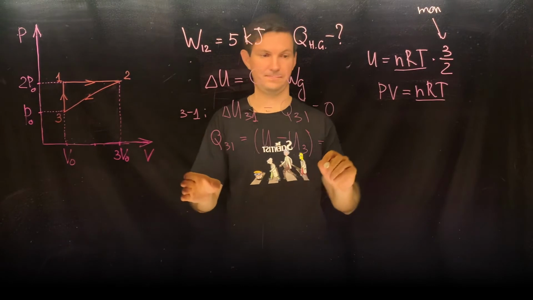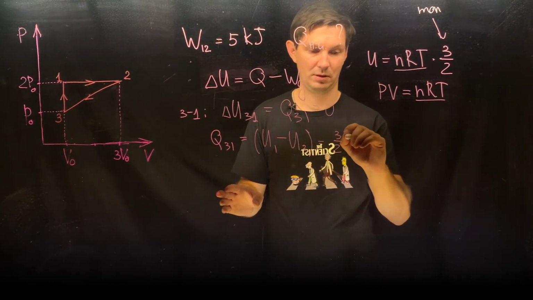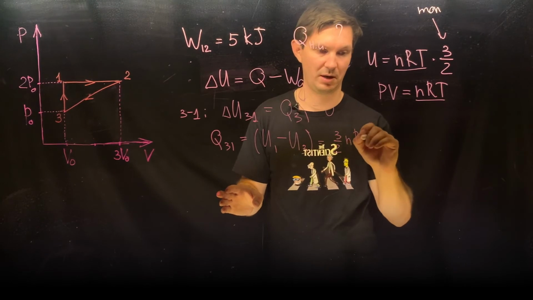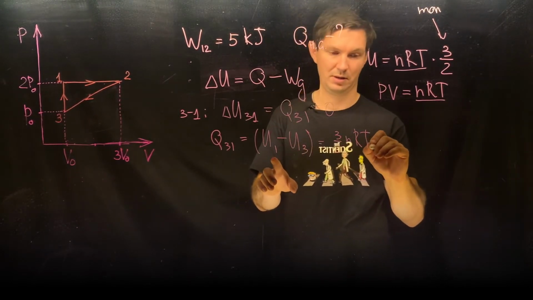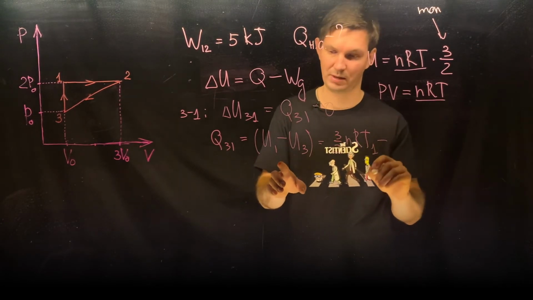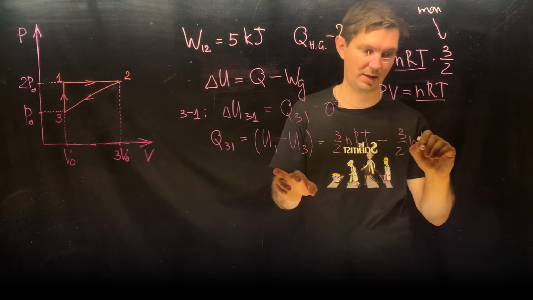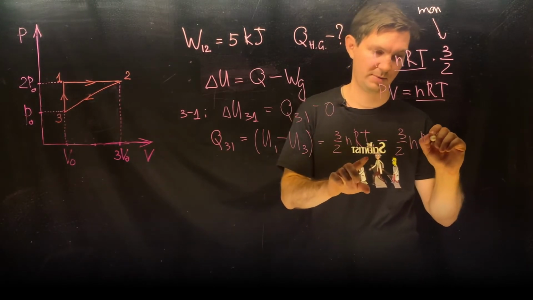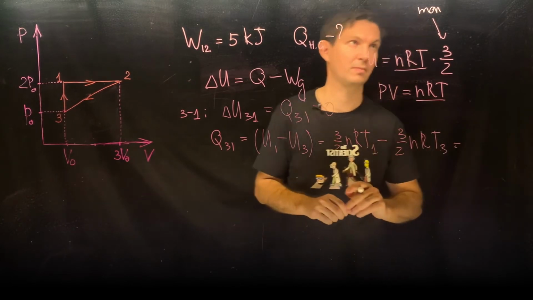and it is 3/2 times N times R times temperature in state number 1 minus 3/2 times N times R times temperature in the third state.